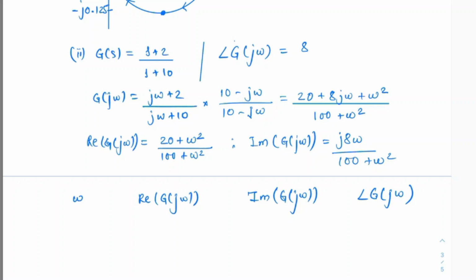This would be 8 omega over 20 plus omega square. And so that is the imaginary part over the real part, and tan inverse.